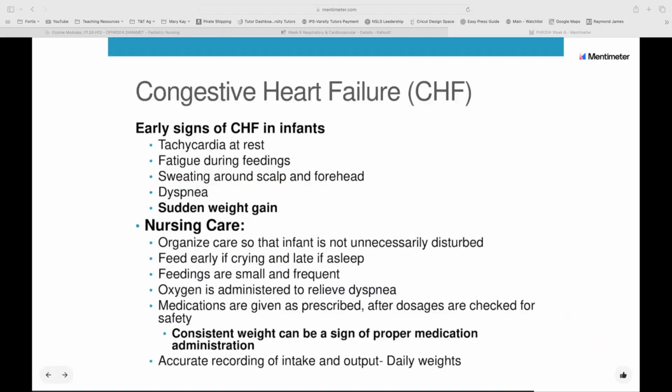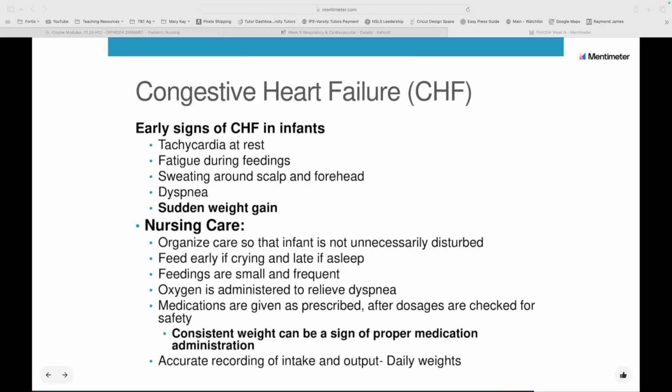Okay, moving on to congestive heart failure. The signs of congestive heart failure are going to depend on which side of the heart is affected. The right side of the heart is responsible for moving the unoxygenated blood into our pulmonary circulation.